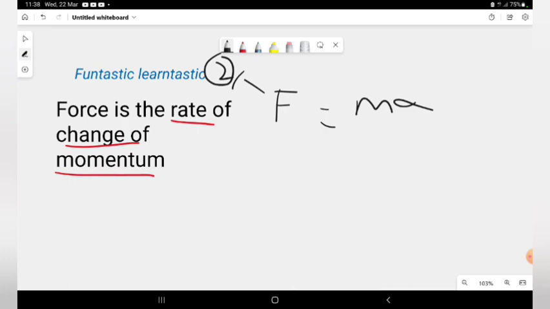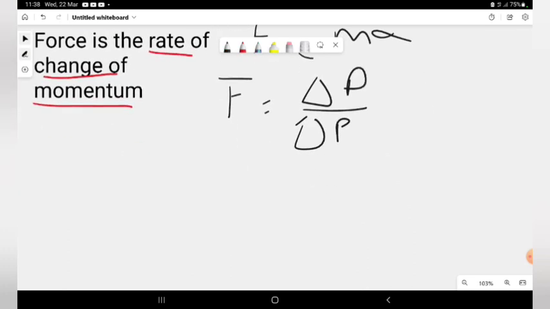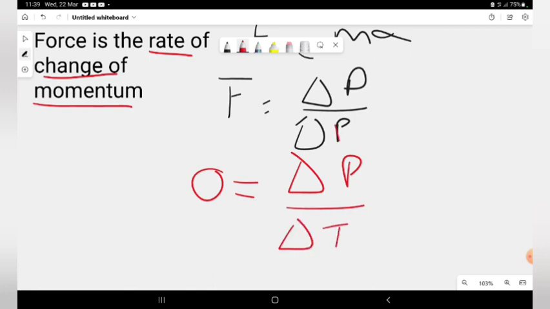So how to prove this? Again, let us take out our old formula, delta p by delta t. Now let us say, assuming the force to be zero, we are going to assume the force to be zero. So that means 0 is equal to delta p by delta t, correct.